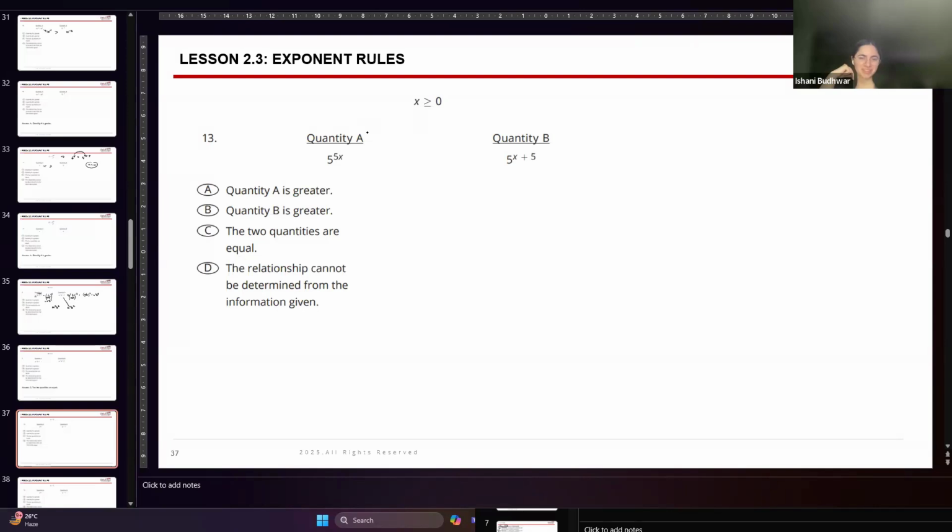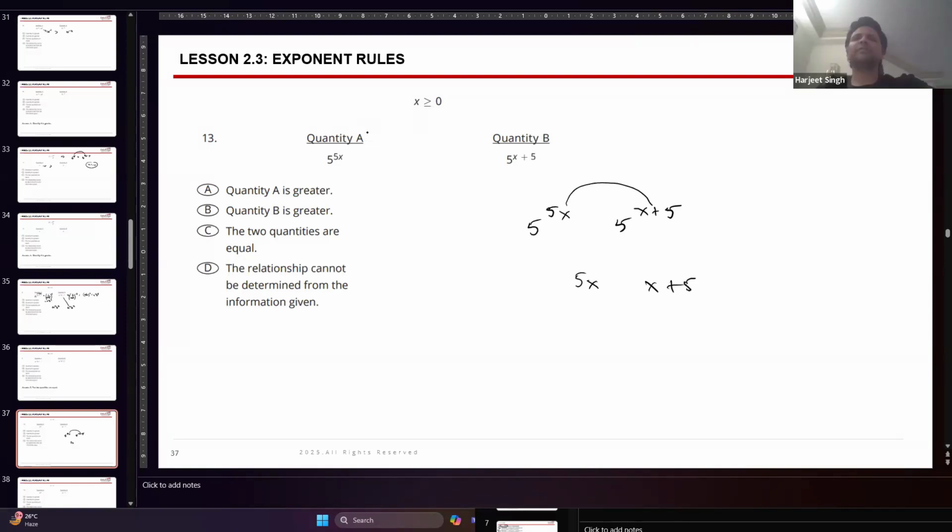Because if x is like 0.1 or something, if it's less than 1, then A would be smaller. But if it's greater than 1, then A would be greater. Okay, so it's comparison of the exponents then. So 5x and x plus 5.